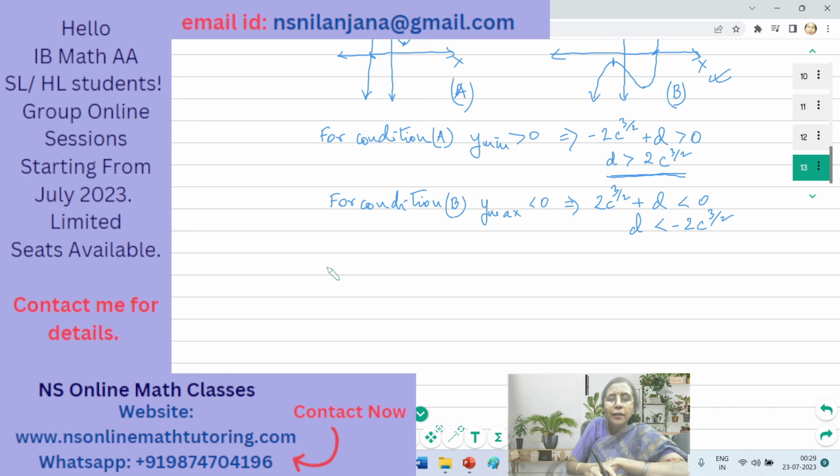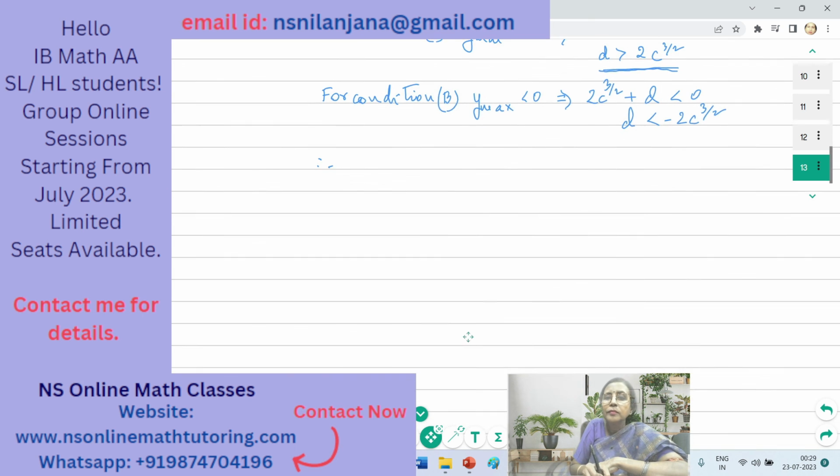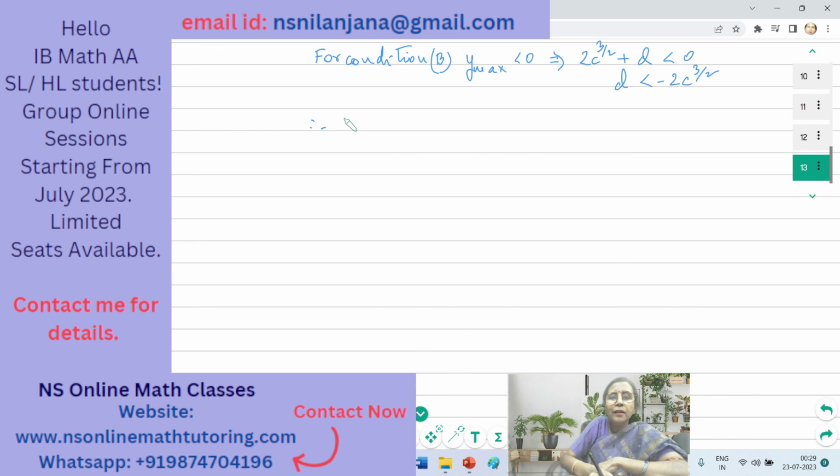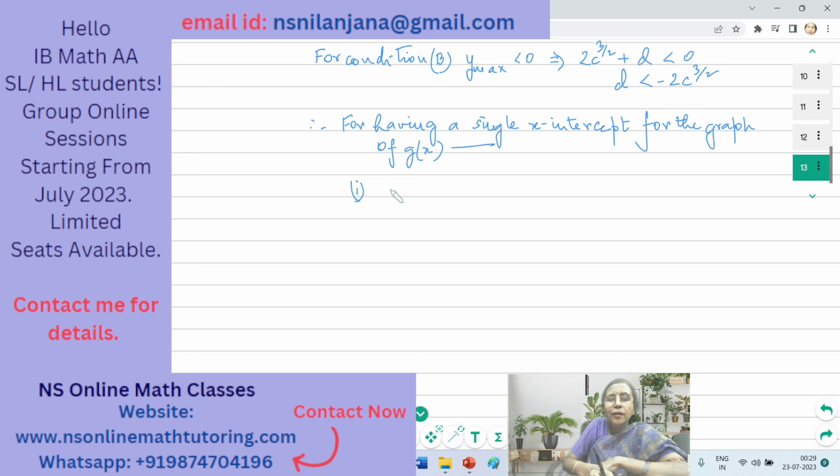Therefore, for having a single x-intercept for the graph of g of x, there are two cases.